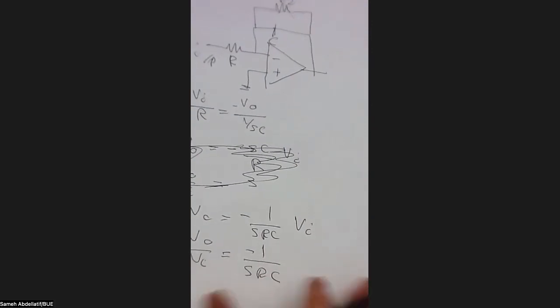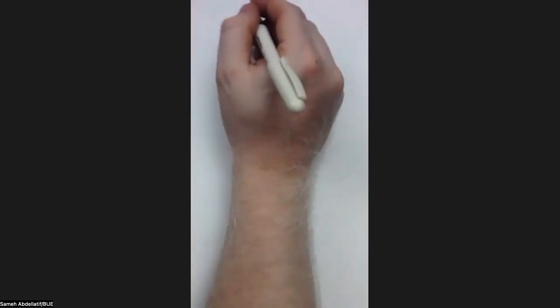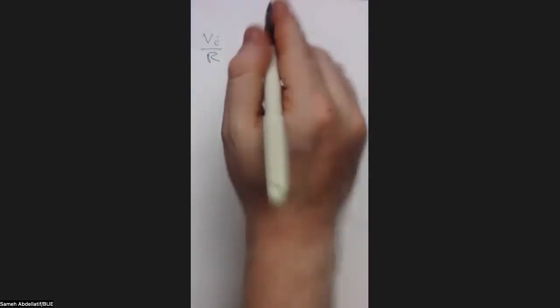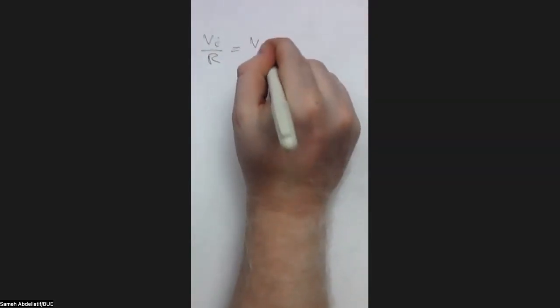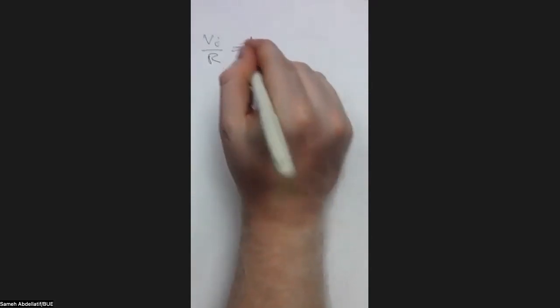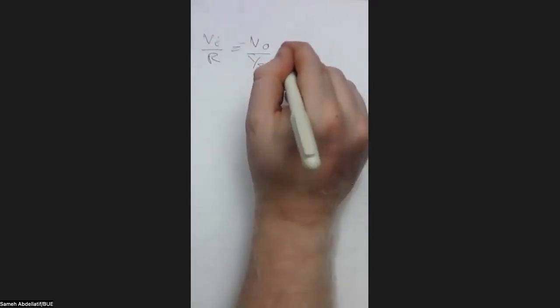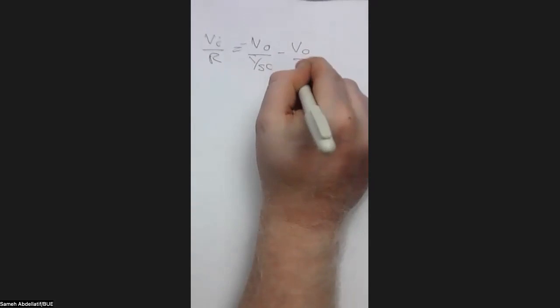So it should be something like that. V input over R, again, equals the output over negative V output over 1 over SC, negative V output over R2.